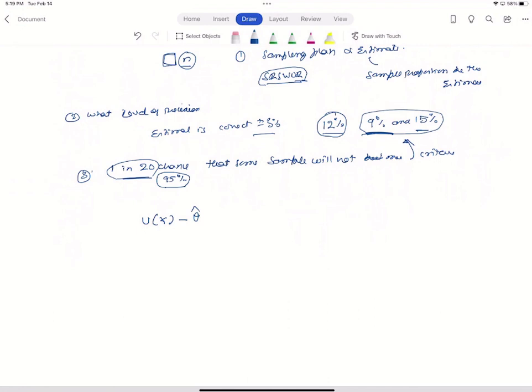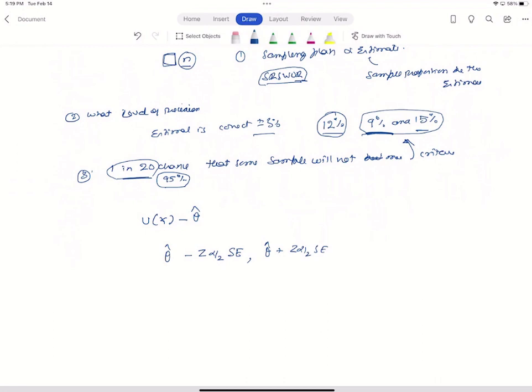In general form, you can write this as theta hat minus z half standard error, which is how we write the confidence interval anyways, comma, theta hat plus z half standard error.